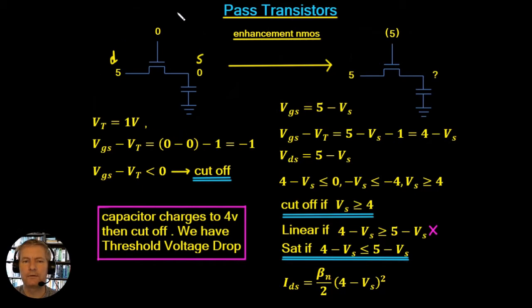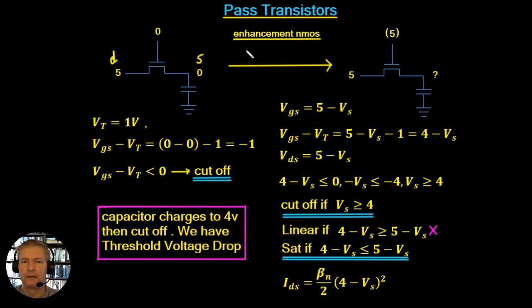So let's see what happens now if we maintain the 5 volts here and change the gate voltage to 5 volts. We're interested to work out what's going to happen at this terminal here. This in effect is the passing of the voltage. We're going to pass a voltage level from one terminal to another terminal, so in this instance we're going to pass this voltage to this terminal.